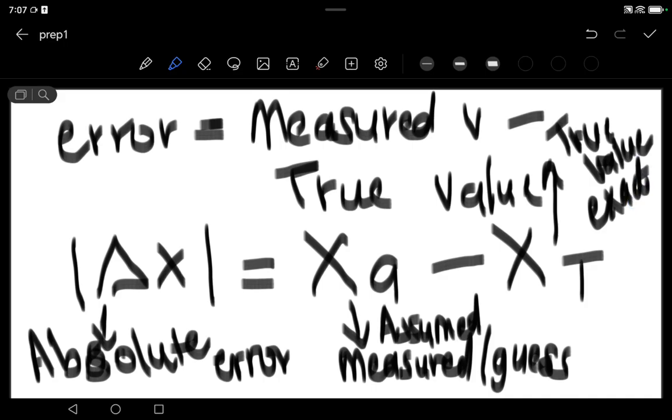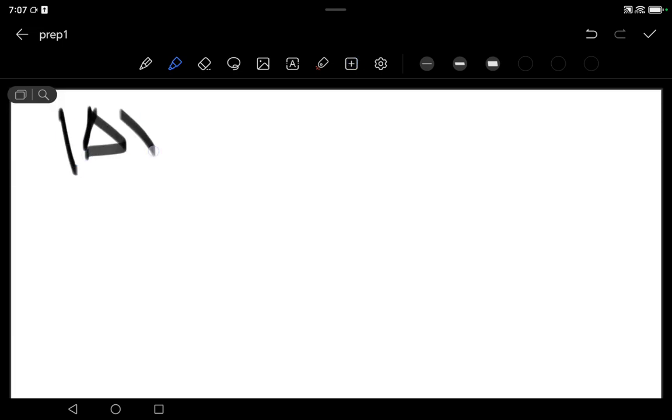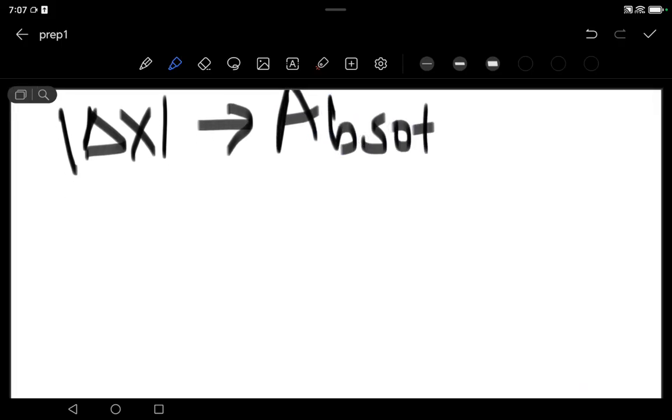Feel free to ask any question. Feel free to tell me if I'm too fast so that I can slow down. Okay, no problem. So far, we're cool. Let me write this down. The absolute change in x is called absolute error.